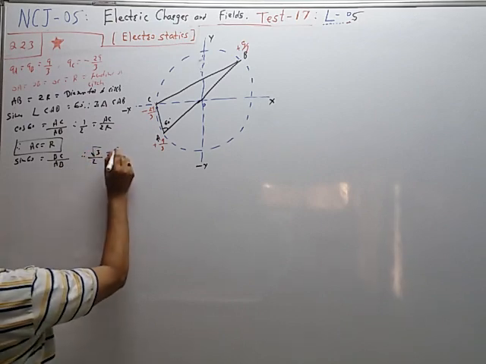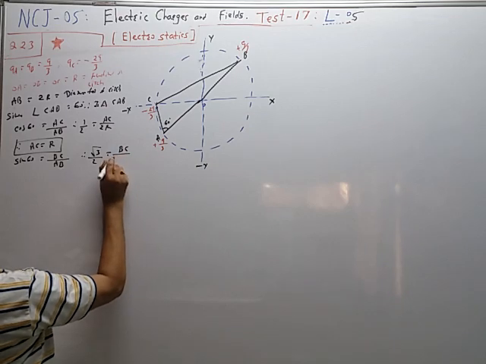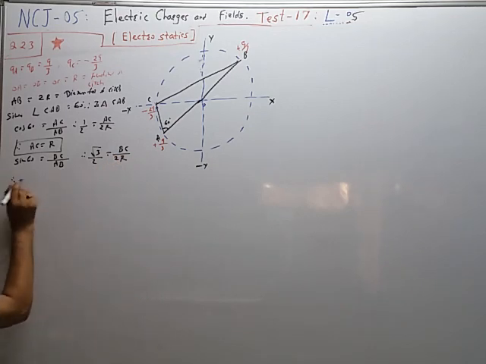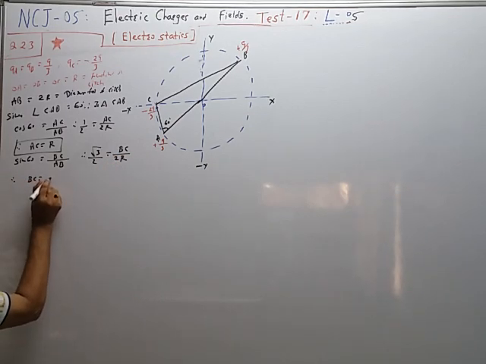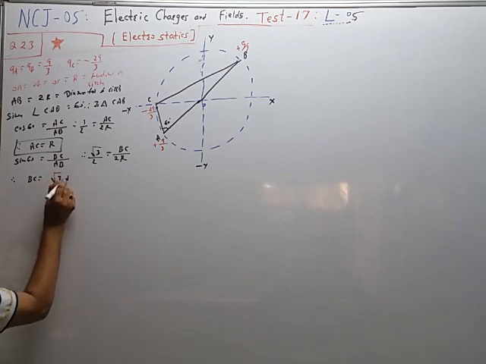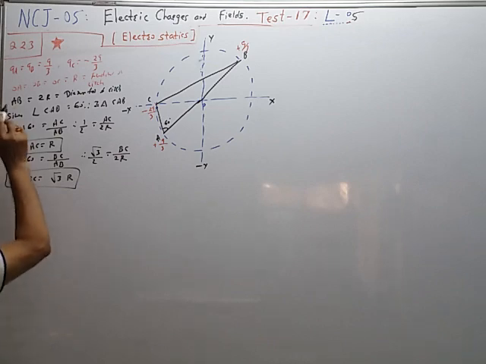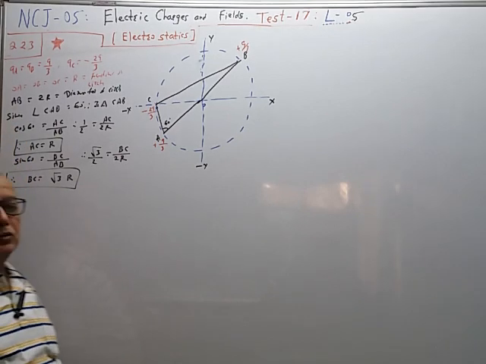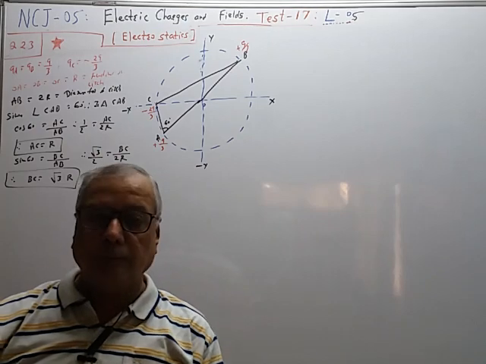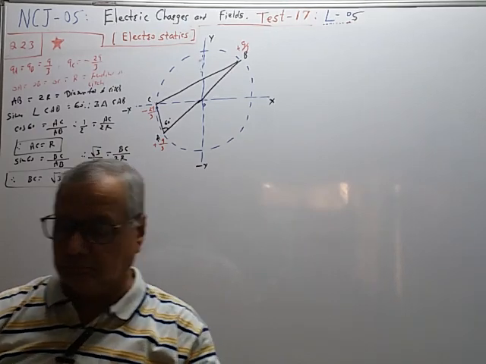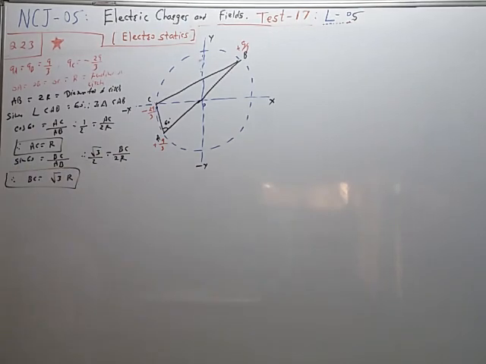Sin 60 value is equal to BC upon 2 times R. Therefore BC is equal to root 3 times R. So these are the different distances from the geometry. Now let us start one by one. We will try all the choices. So first we will try A.